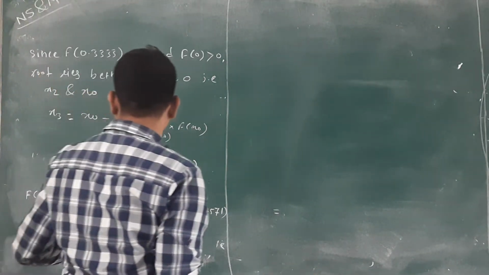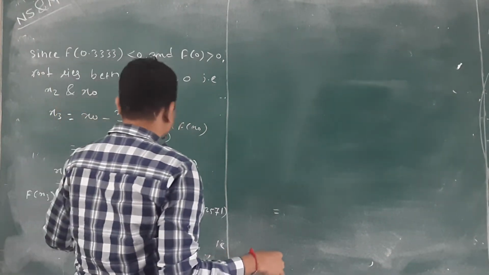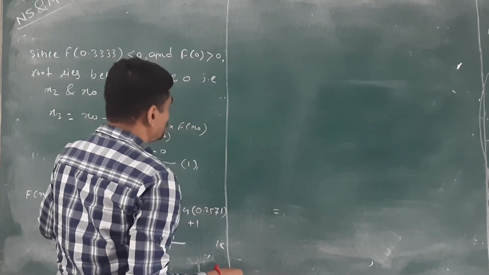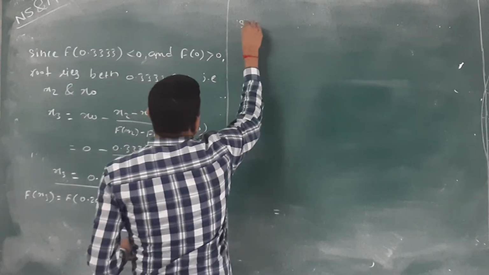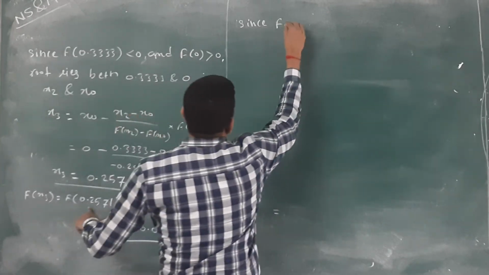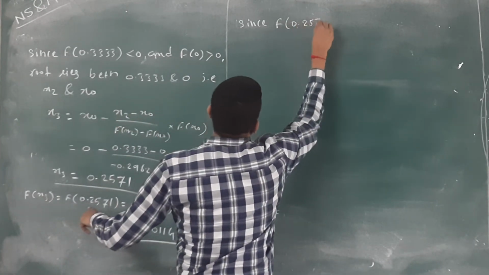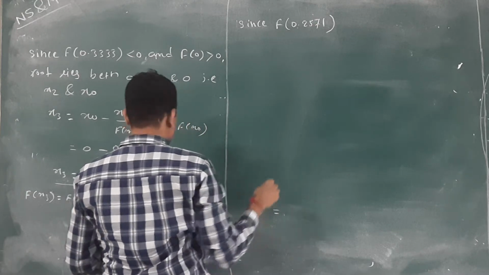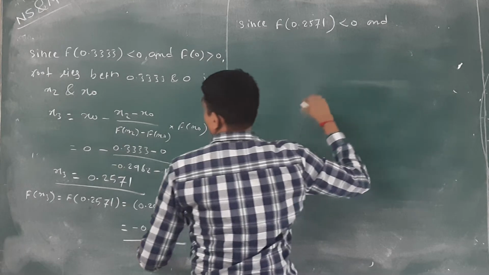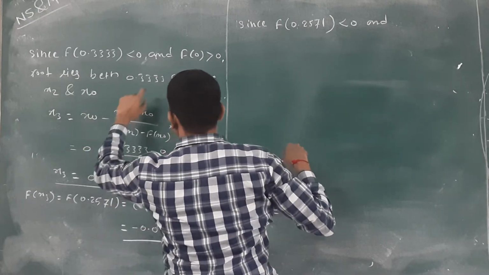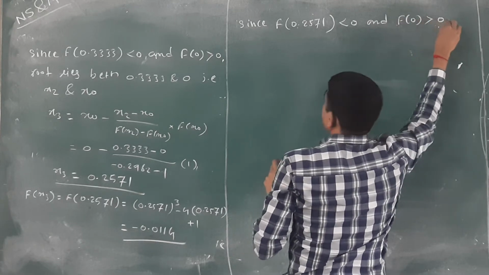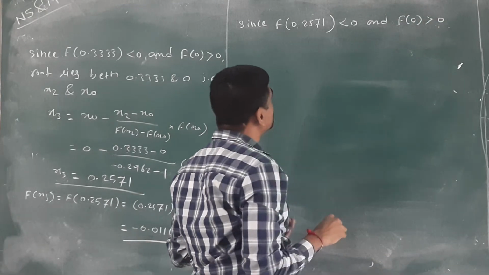Here I will write: since f of 0.2571 is less than 0, and the second value, f of 0, is greater than 0, because f of 0 is 1.